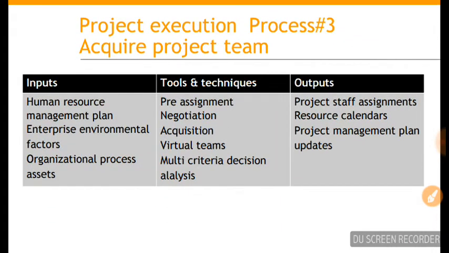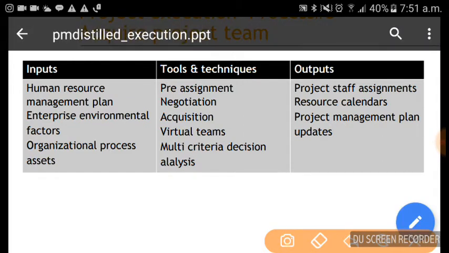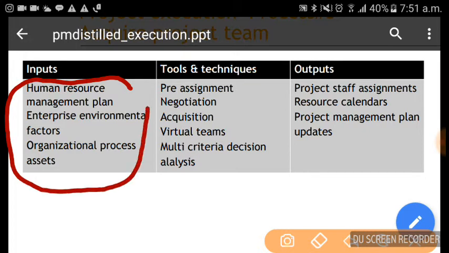Then acquire, during execution time, we have to acquire the project team. So input side, we have all these things which we have already discussed. The human resource management plan we already discussed in planning. Enterprise environmental factors discussed before.